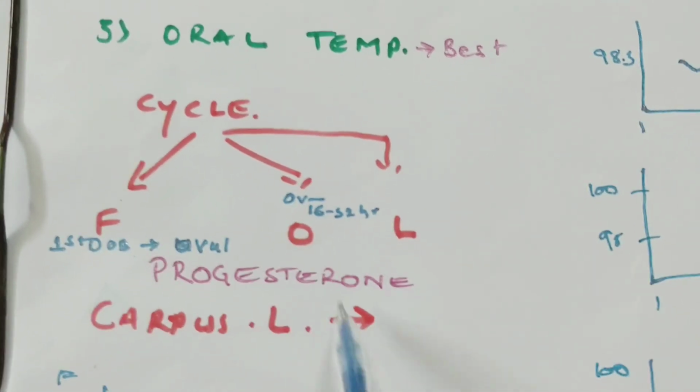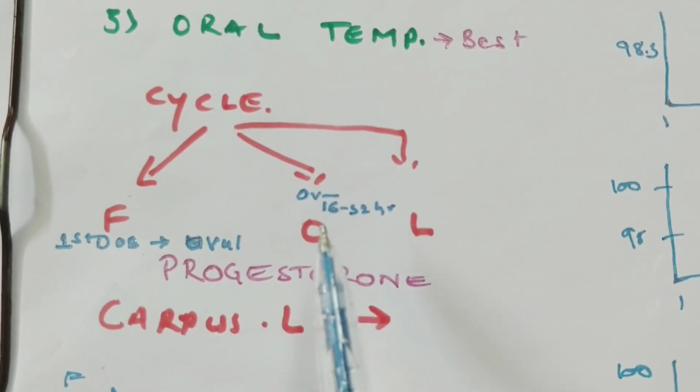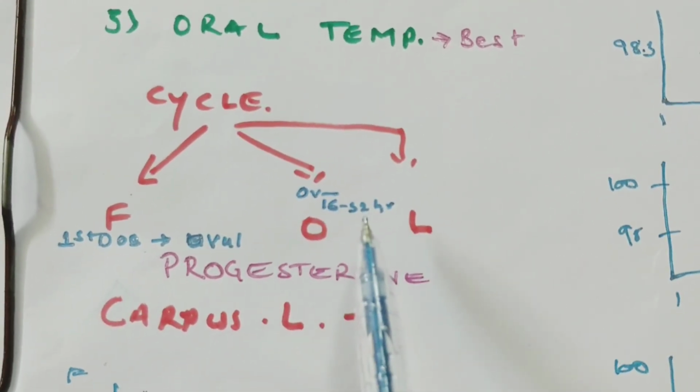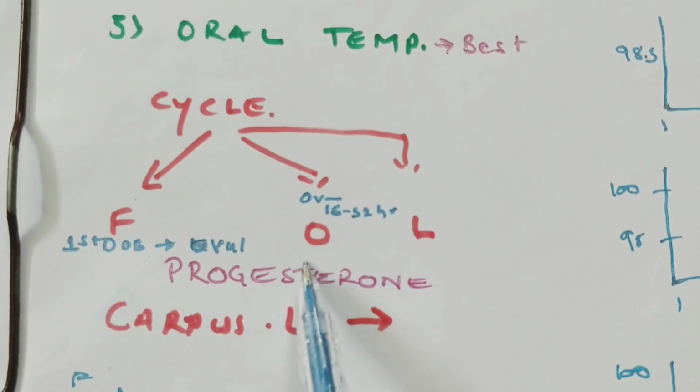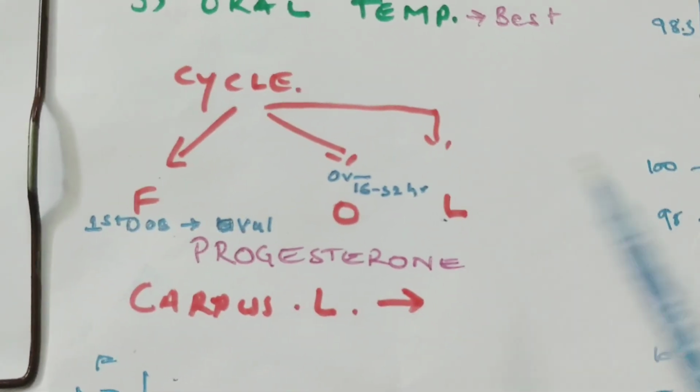Ovulation occurs over 16 to 32 hours, and from that day the luteal phase begins, till the first day of bleeding.